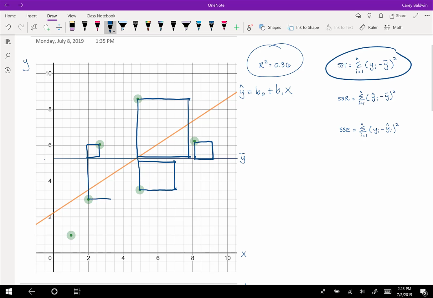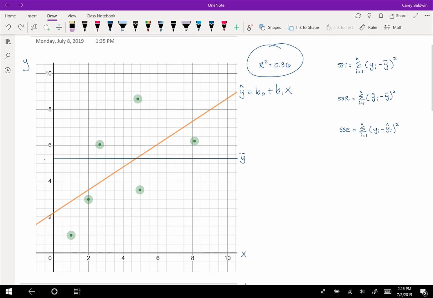We're going to have some overlap here, but this is the idea. This large difference is going to be a big contribution to that overall total. So just in your mind, take a picture of the overall area that's represented by these squares, and that's going to be the sum of squares total.